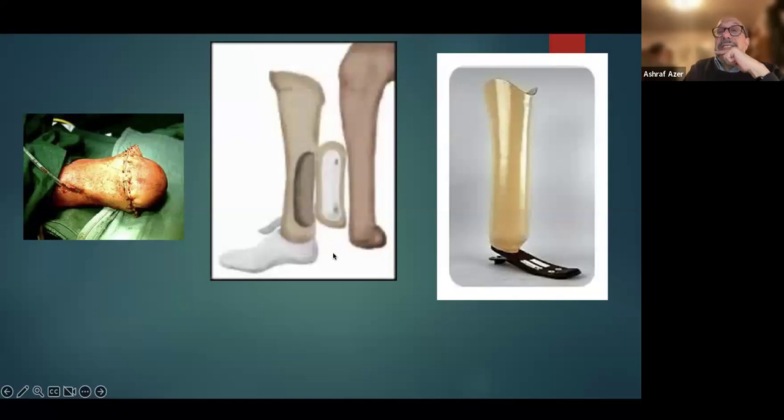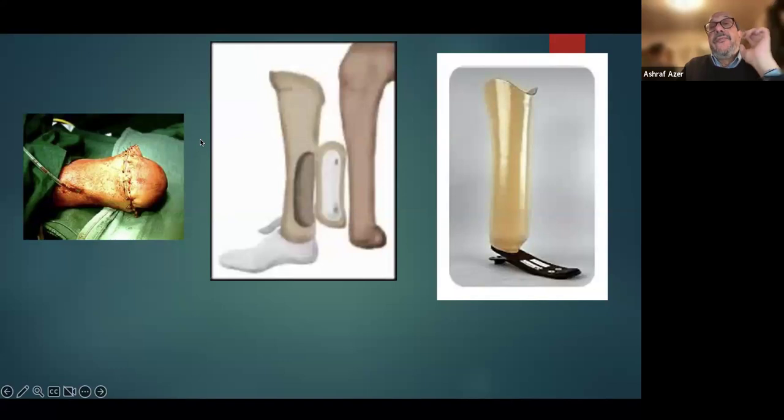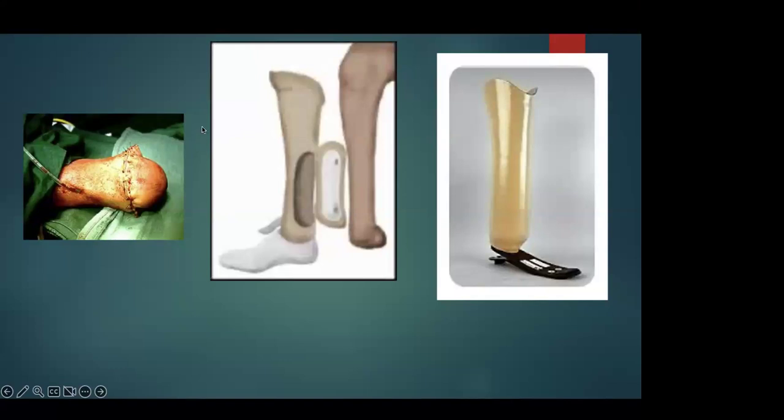Okay, what is the indication? Mainly for old people here, or for children with a common condition. We do Syme's for arthrogryposis, neurofibromatosis, hemimelia, fibular hemimelia.